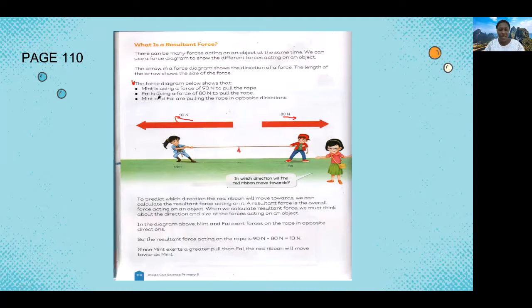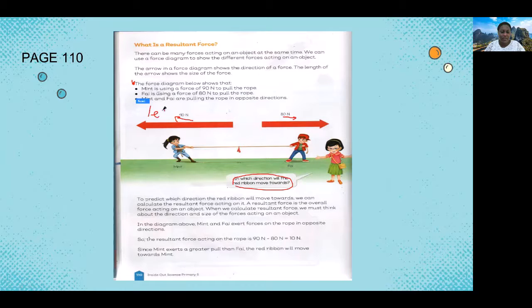Now here, in which direction will the red ribbon move? Which direction do you think? Who will give us the answer? Which direction will the red ribbon move towards? Is it on the left or right?